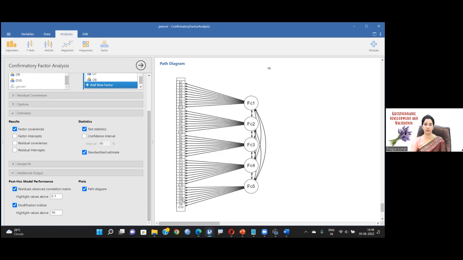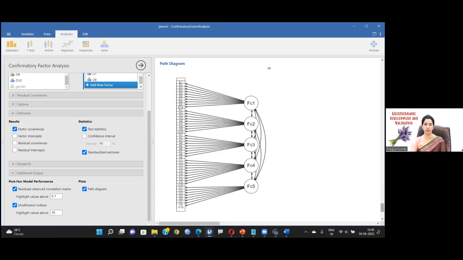And you can see that these variables are getting explained by factor 1. So it is a very clear-cut path diagram. Ideally in AMOS, if you do this, it gives you the value of the beta coefficient. But in JAMOVI, you will not get the value of beta coefficient. But there is something known as structural equation modeling, or SEM, and there that option gives you the exact value of beta coefficient.